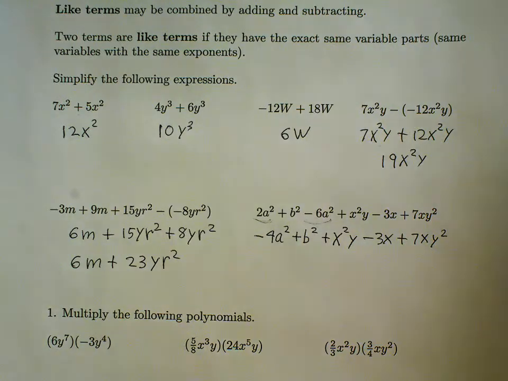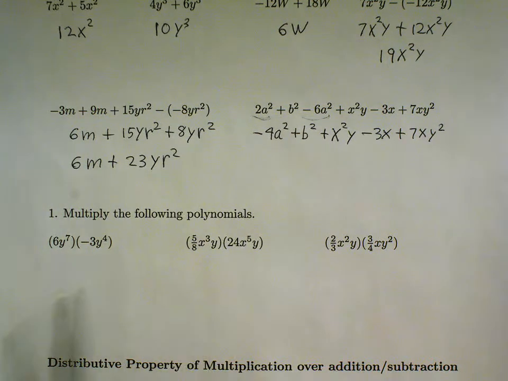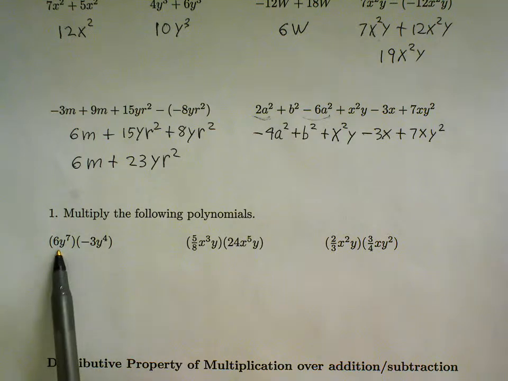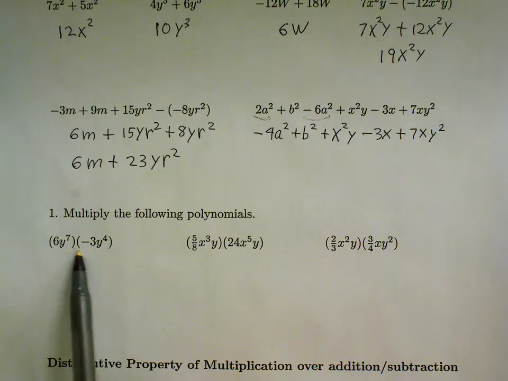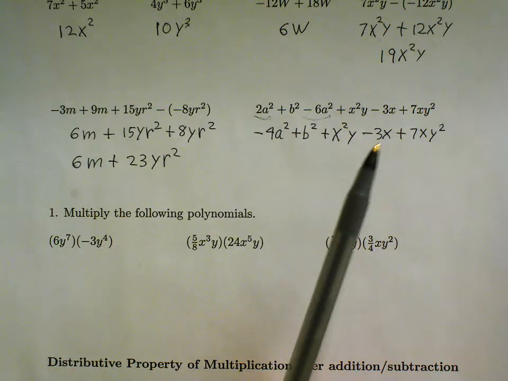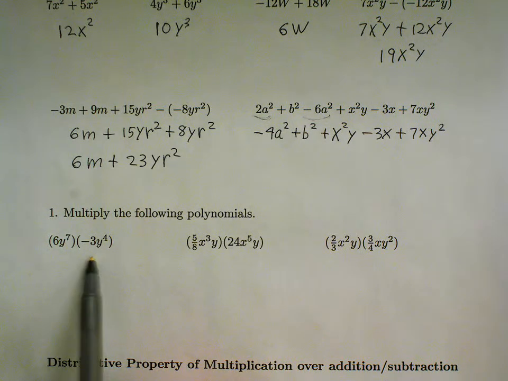Okay, now we can start multiplying polynomials. We'll start with some examples where we multiply monomials. A monomial is just a term, one term, mono meaning one. On this one, 6y to the second times negative 3y to the fourth, we can do it all at once, or we can do it in a couple of steps.